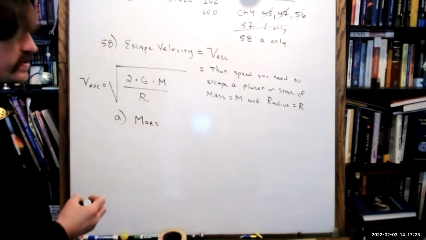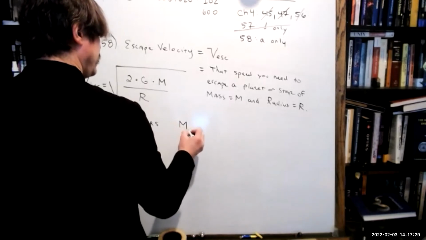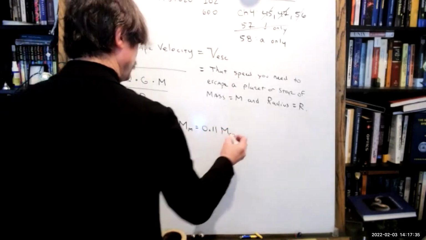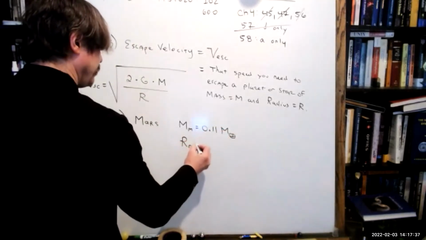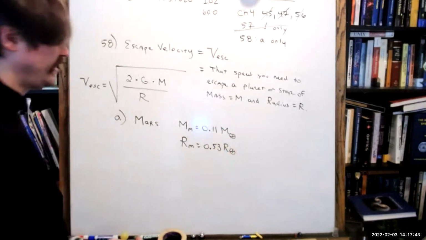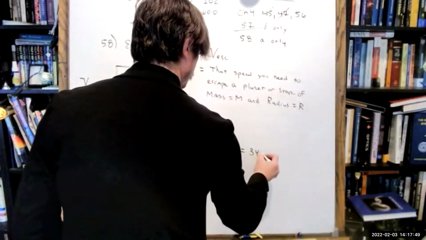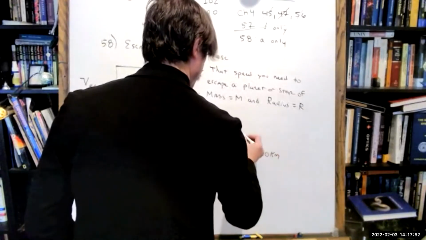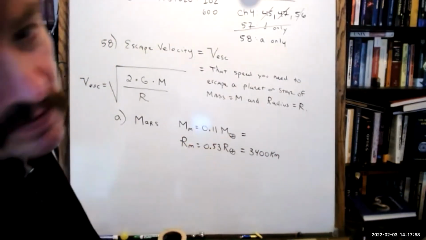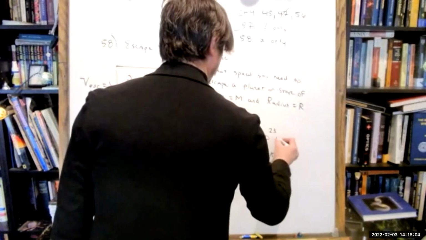So we need the mass of Mars and the radius of Mars. The mass of Mars is 11% of Earth's mass. The radius of Mars is 53% Earth's radius. That makes 3,400 kilometers for the radius, and 10% of Earth's mass would be like 6 times 10 to the 23 kilograms.